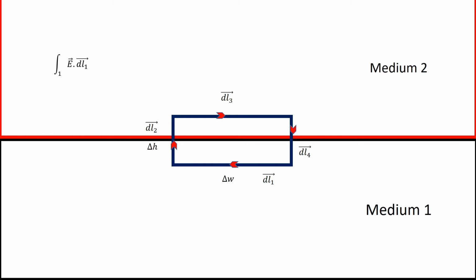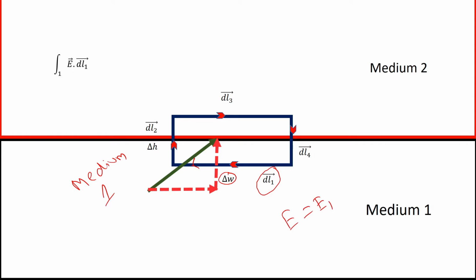The first path integral, integral of E bar dot dl1 bar. So this is the closed path which we have seen, and dl1 bar is this path. It is moving from right to left, and the magnitude of this path is delta W. And this is completely inside medium 1.